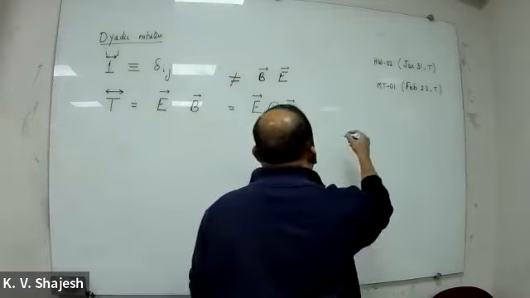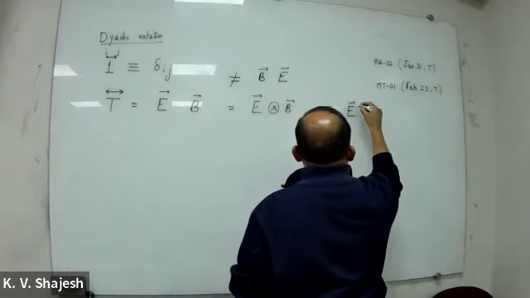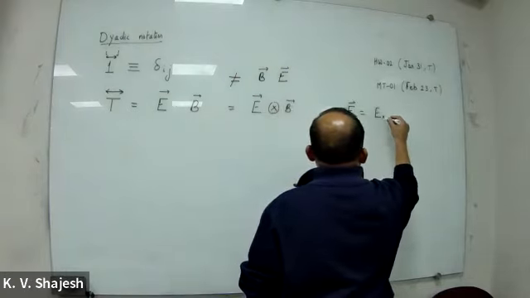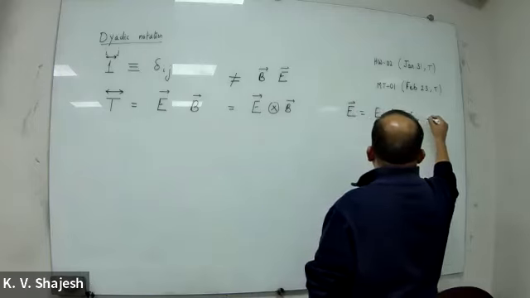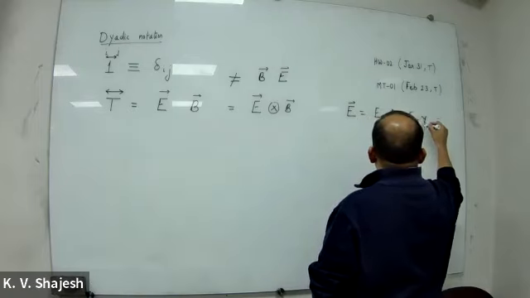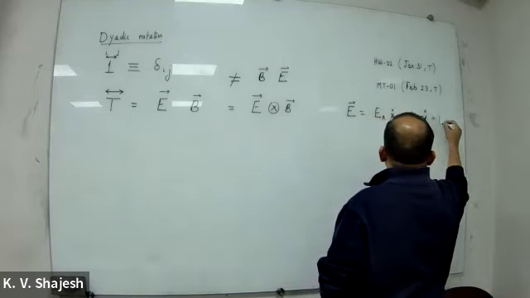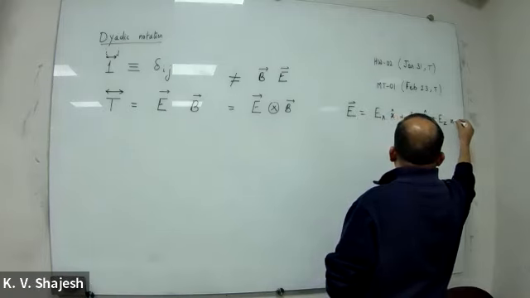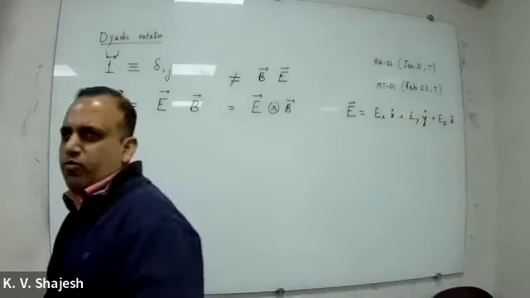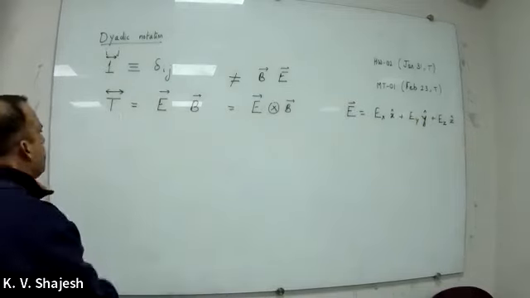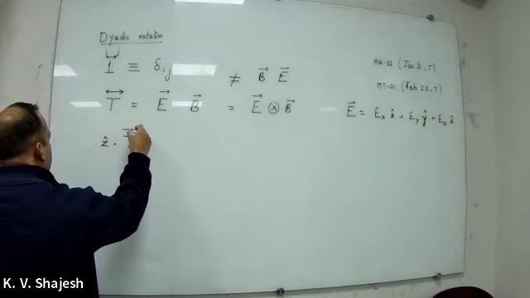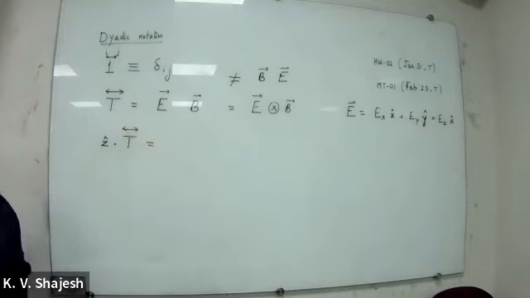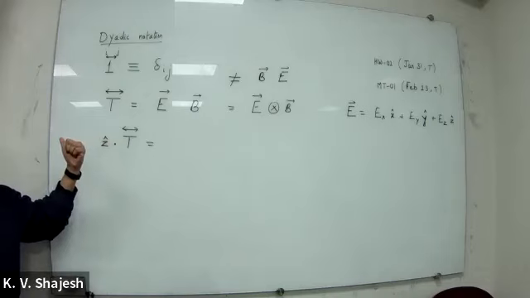If you have electric field to be Ex in the x hat direction plus Ey in the y hat direction plus Ez in the z hat direction, then you can come up with some immediate constructions. For example, z hat dotted with T is equal to, notice the dot is on the left.